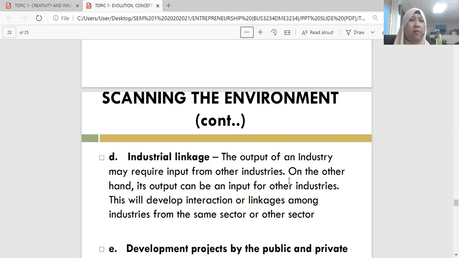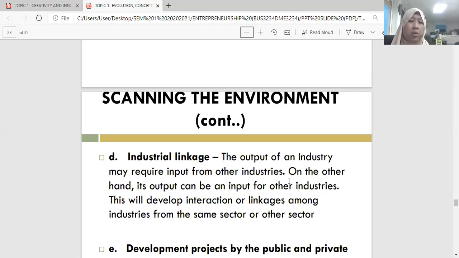When we're talking about the Proton manufacturer, how do they have this industry linkage? For example, to make one product that we call a car, an automobile, we need tires, spare parts, a door, a glass mirror, a steering wheel, engine parts, and other parts in order to build one car.